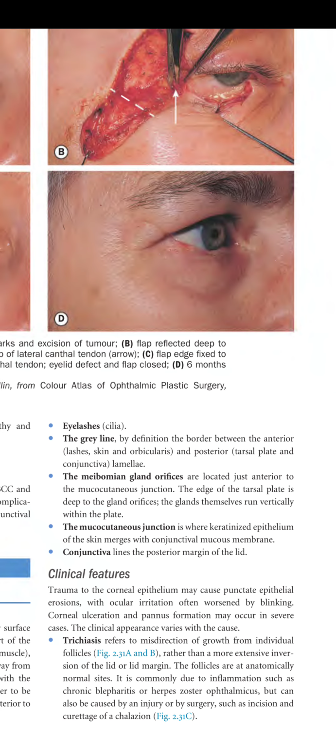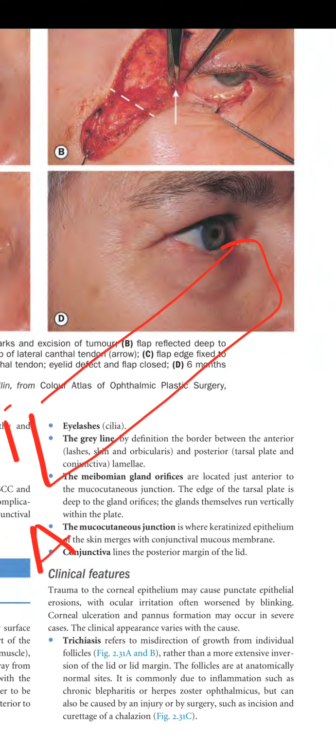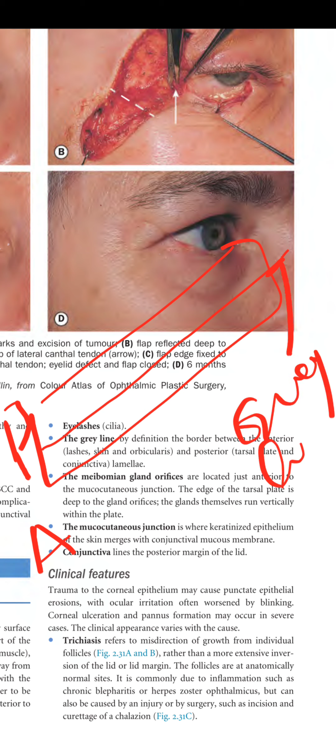So basically it is showing the anatomy of the margin. Just consider that this is the anterior part of the lashes and this is the posterior part. The eyelid margin is divided into anterior lamella and posterior lamella, divided by the gray line.